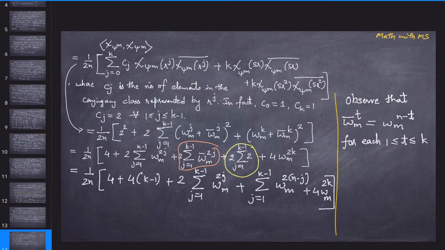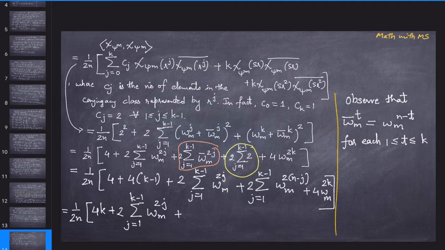Let us simplify it further. So this is the same as 1 by 2n, we cancel 4 here, so it becomes 4k, plus write the first summation here, so that is 2 times summation j from 1 to k minus 1, and then it is omega m to the power 2j, plus consider the second summation.